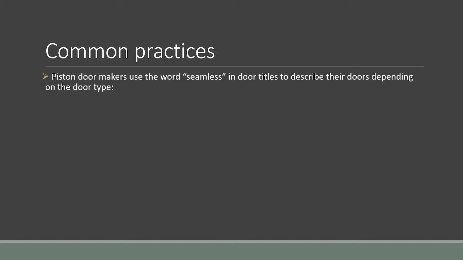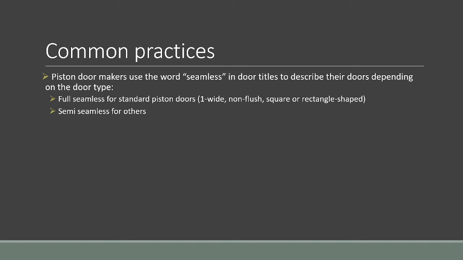So there are two cases. If the door is a standard piston door, which means the door shape is a one wide, non-flush, square or rectangular shape piston door, then when we say seamless in a door title, we actually mean full seamless. But if it is not a standard piston door like this, we only mean semi-seamless. So that's the first common practice.